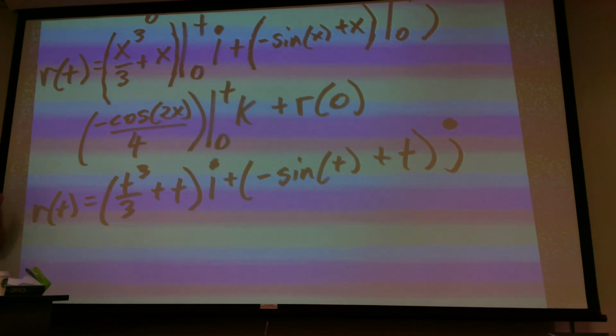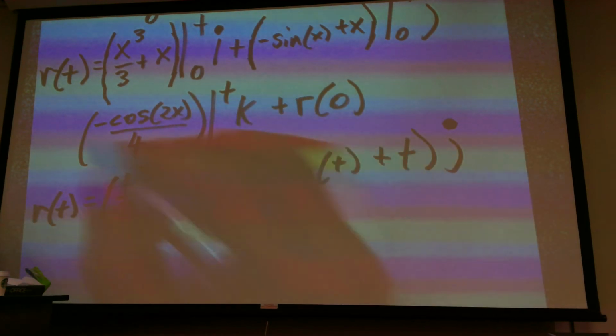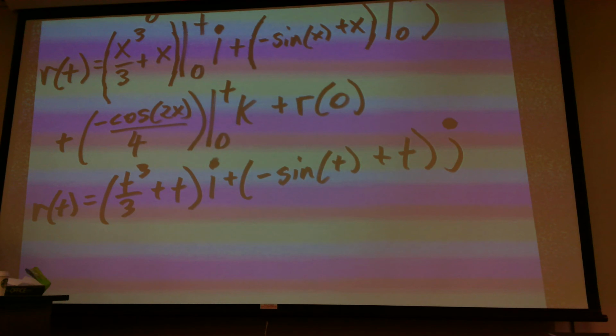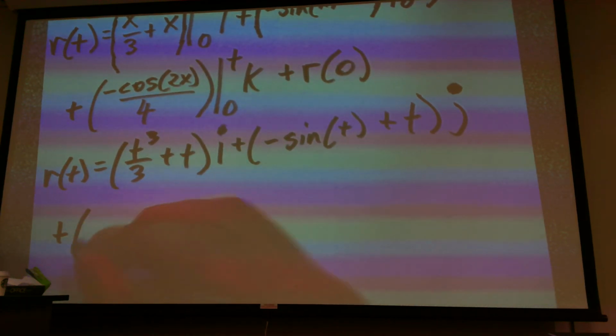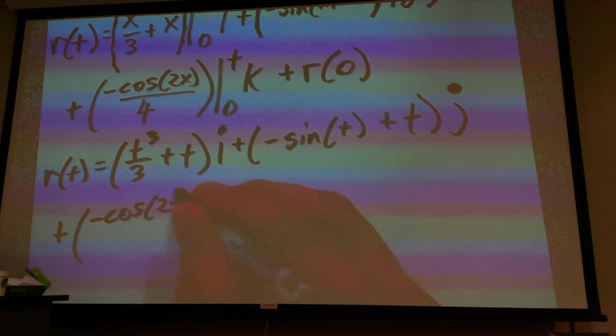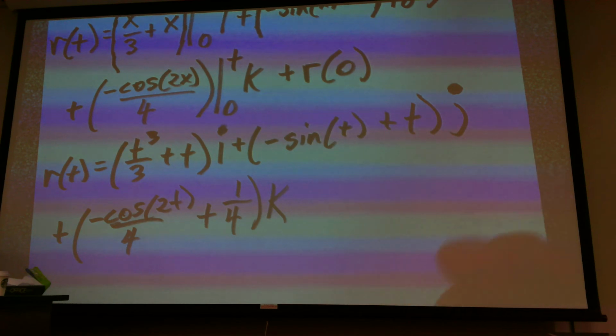Now, we do have to consider the boundaries on this one because cosine of 0 is 1. So plus, this is going to be negative cosine of 2t divided by 4 plus 1 divided by 4, multiplied by k.